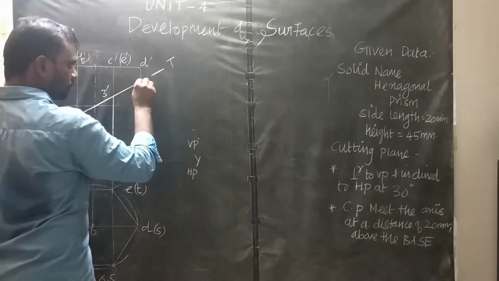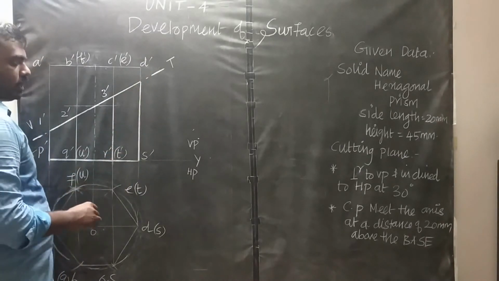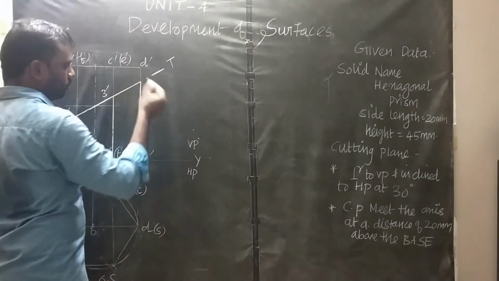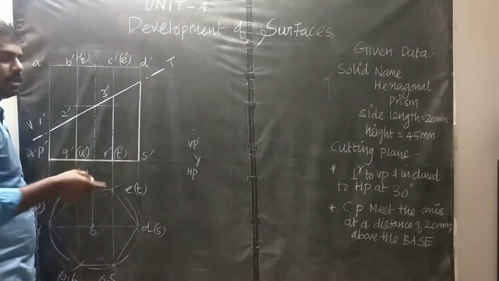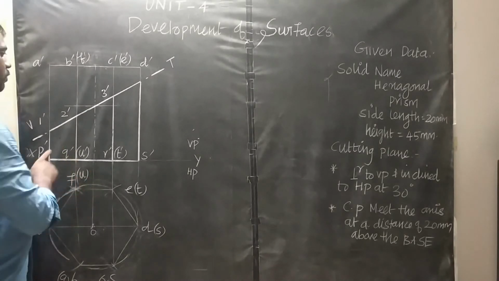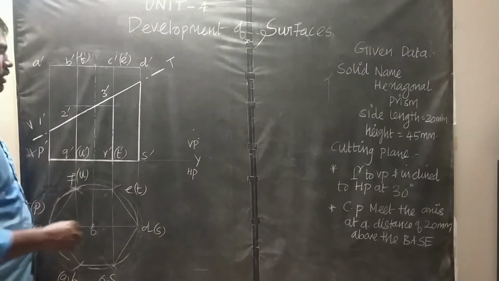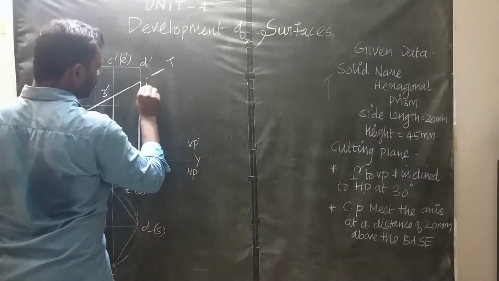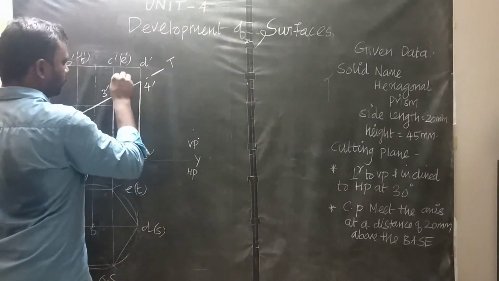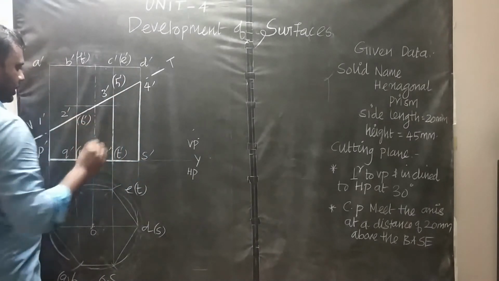Then here we have only one lateral edge, D dash and S dash, so only one cutting point. When the cutting plane passes over only one lateral edge, we have only one cutting point. When it passes over 2 lateral edges, we have 2 cutting points. Simply 4 dash, then 5 dash comes within the bracket, then 6 dash comes within the bracket.